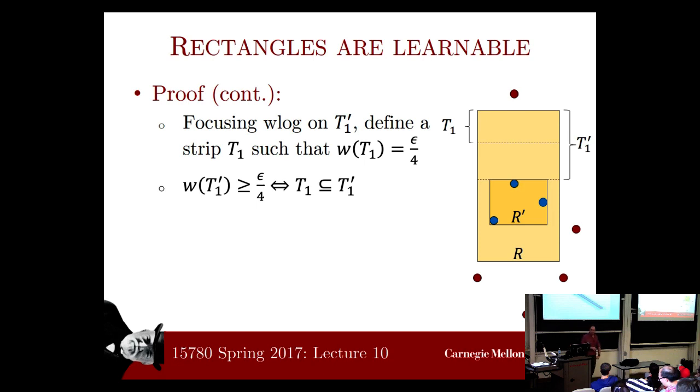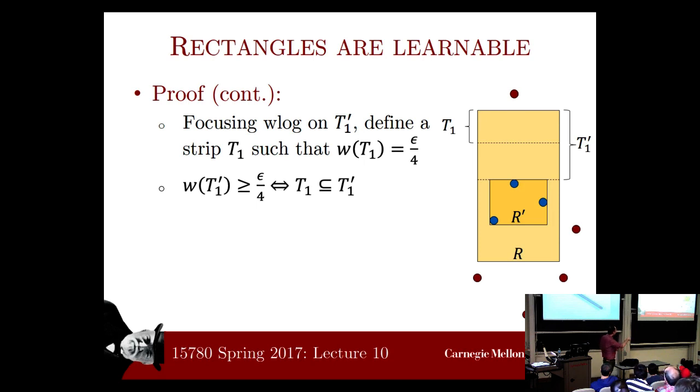The way to think about it is, both T1 and T1 prime are strips that start at the top edge of R. T1 stopped at the epsilon over 4 point. If T1 prime's total weight is more than epsilon over 4, its bottom edge has to be below the bottom edge that defined epsilon over 4 weight.